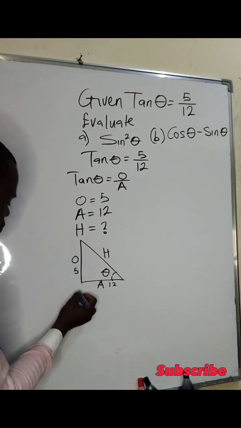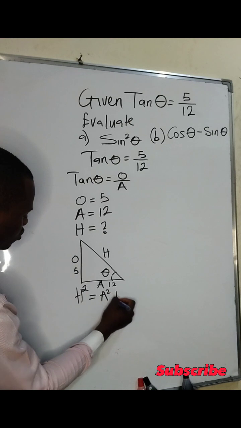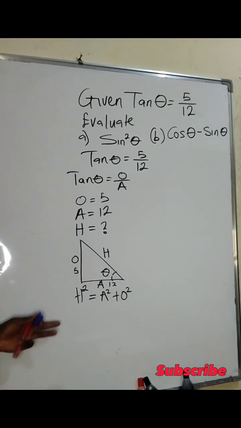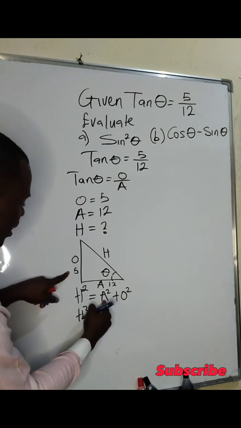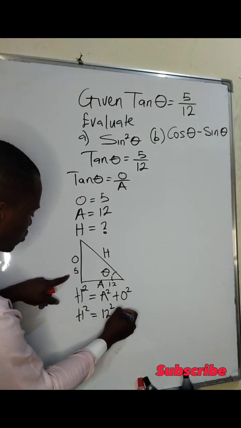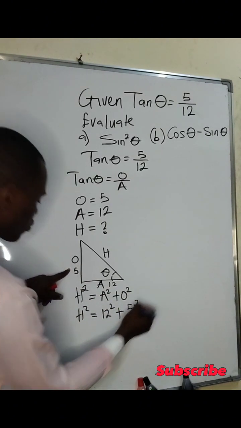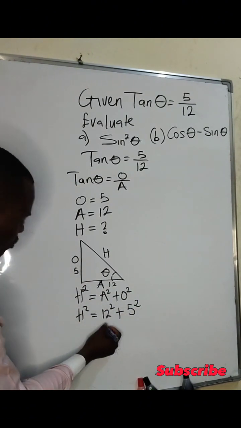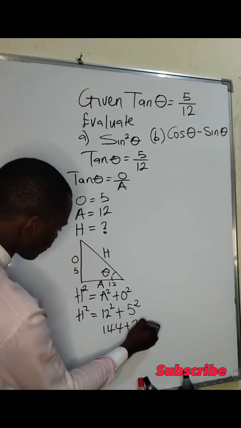To do that, we use the Pythagorean theorem, which says that h squared is equal to a squared plus o squared. Let's substitute. Our h squared will be equal to, our a is 12, 12 squared plus our o is 5, 5 squared. 12 squared will give me 144. 5 squared will give me 25.